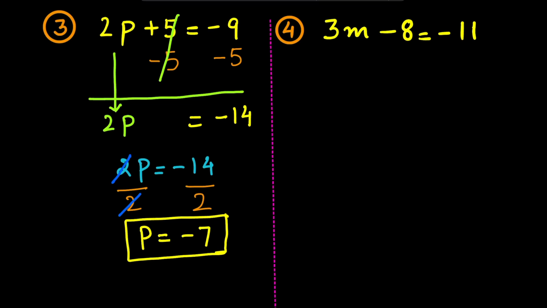Now example 4. The variable is m and the coefficient is 3, which is positive. So the equation is 3m minus 8 is equal to negative 11. To isolate the variable, first step we add 8 on both sides.